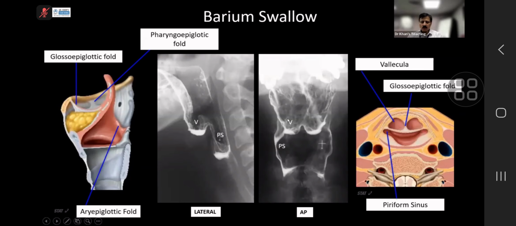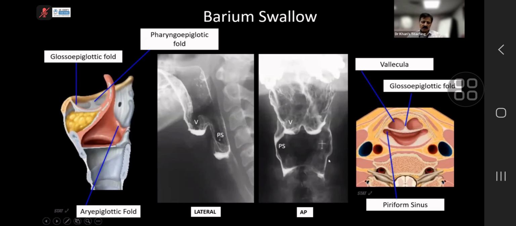By definition, the valleculae are part of the oropharynx, just sitting posterior to the tongue base. And the barium here is in the piriform sinuses, which, by definition, are a portion of the hypopharynx or the laryngopharynx.